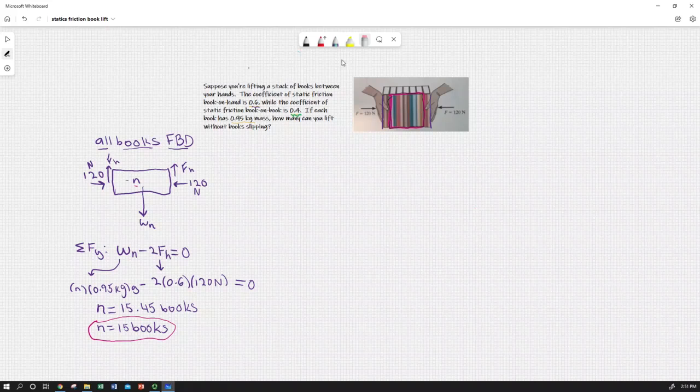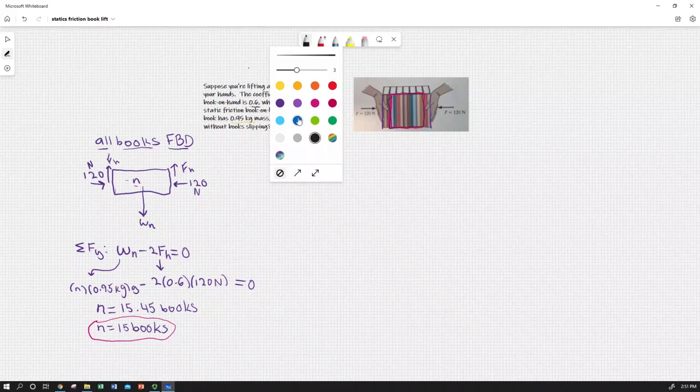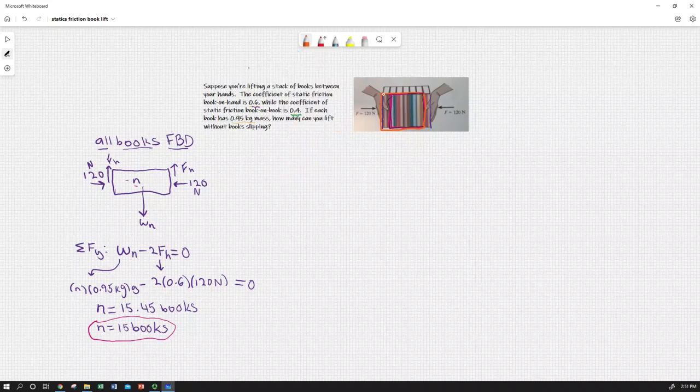And we might have been tempted to make an assumption about what that was, but we wouldn't have really actually known it. So I'm going to do that in an orange here. So say I had decided to use this orange FBD, this orange set of books. So here we've got all but one book, and we've got a hand on one side and a book on the other.